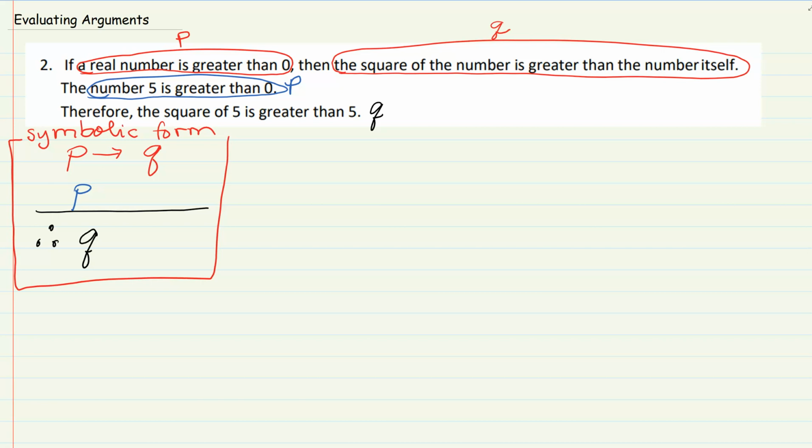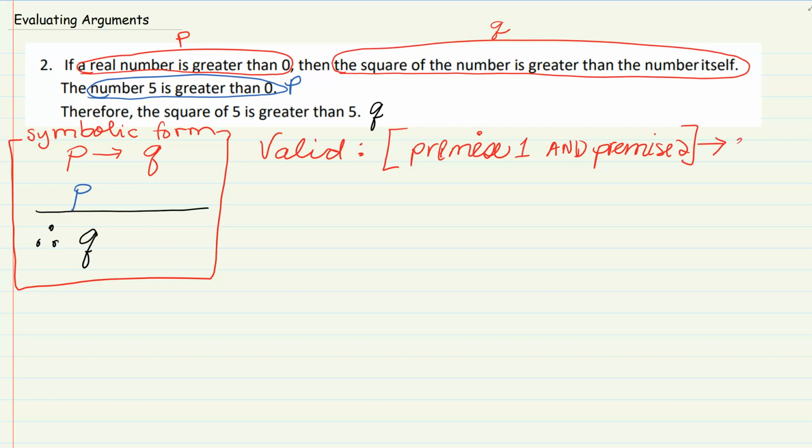The next question we want to answer is: is it valid in structure? And remember, what does it mean to be valid? Valid means the premises will lead to the conclusion. In this case, you have 2 premises, premise 1 and premise 2.